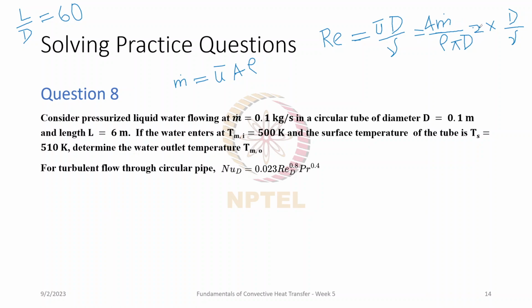And one of these d's cancels out with the d in the numerator. And finally, Reynolds number can be written as 4 into m dot divided by pi mu d. If we simply plug in all the values over here, Reynolds number comes out somewhere around 11,000.